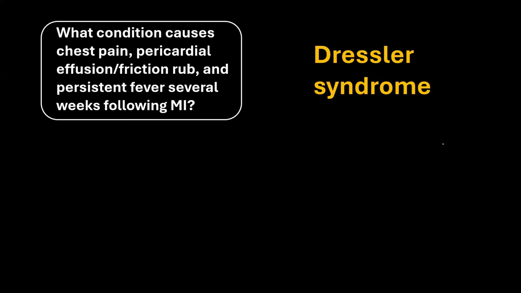What's another cause of pericarditis after an MI? Not free wall rupture. That'd be a cause of cardiac tamponade. I'm thinking just of fibrous pericarditis. Do we want to use NSAIDs for fibrous pericarditis? No. Yeah, that's the right answer.